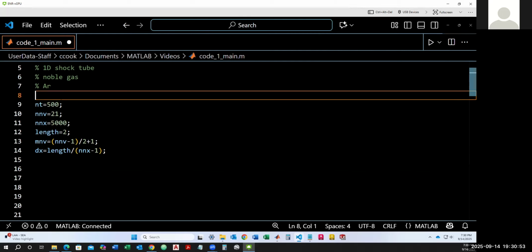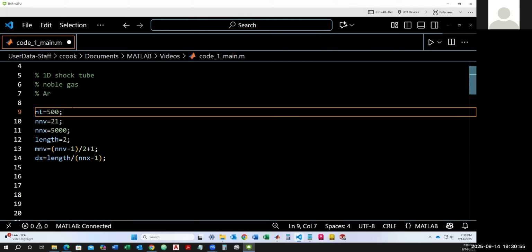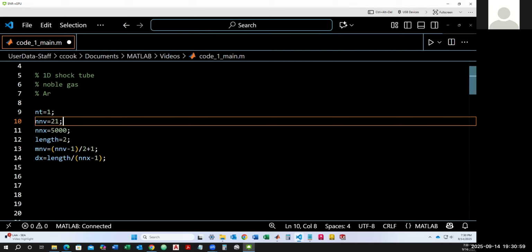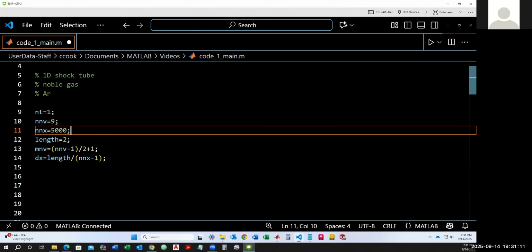So NT, that's going to be my number of time steps, which for now we'll just set to 1. NNV is the number of velocities, the number of quantized velocities. I'm going to set that to 9 for now. NNX is the number of nodes in space. We'll set that to 20 for now.